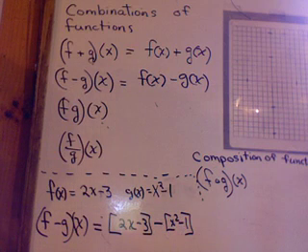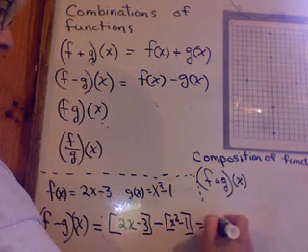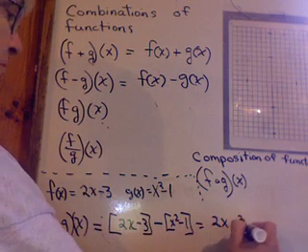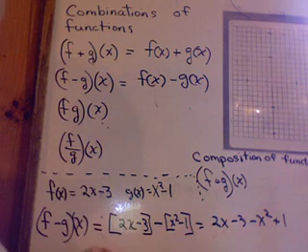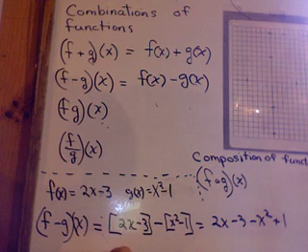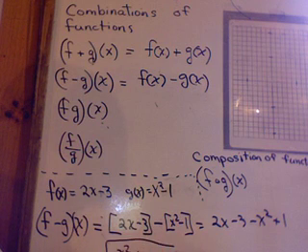The important part here is to make sure you distribute that minus sign. So 2x minus 3 minus x squared plus 1, and then combine like terms: negative x squared plus 2x minus 2. That's the answer.